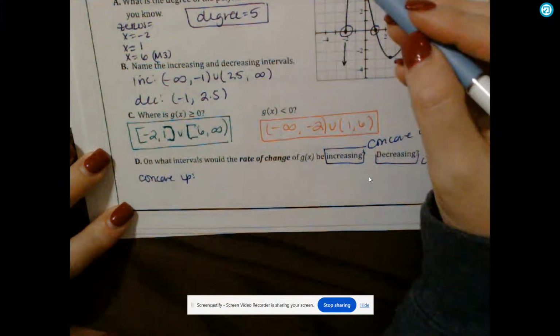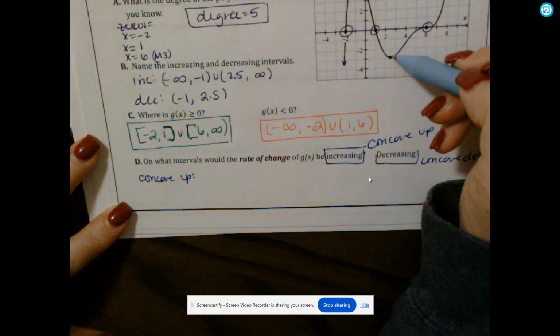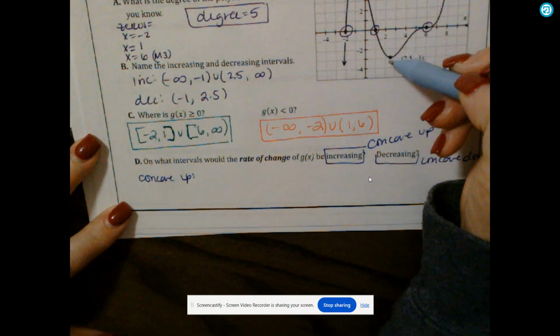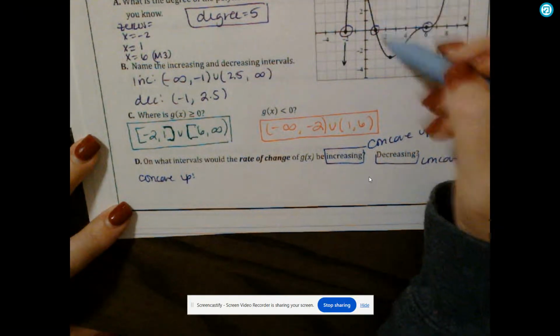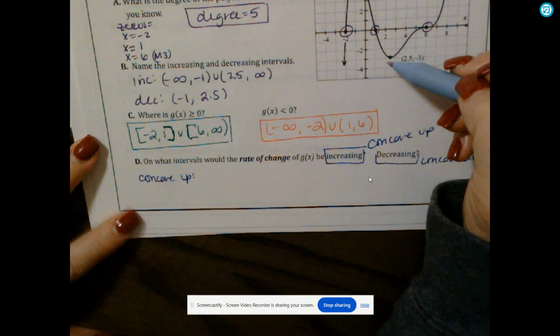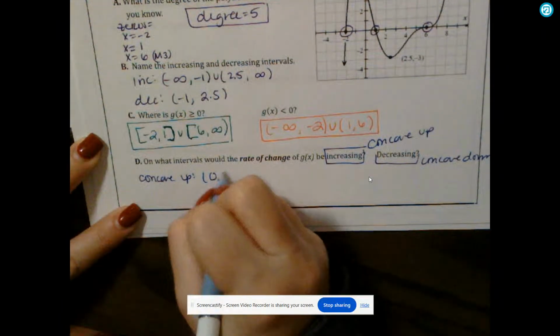So we're looking halfway between here and here. I would do negative 1 plus 2.5, which gives me 1.5, divided by 2. So that's going to be 0.75, where I'm going to be concave up from.